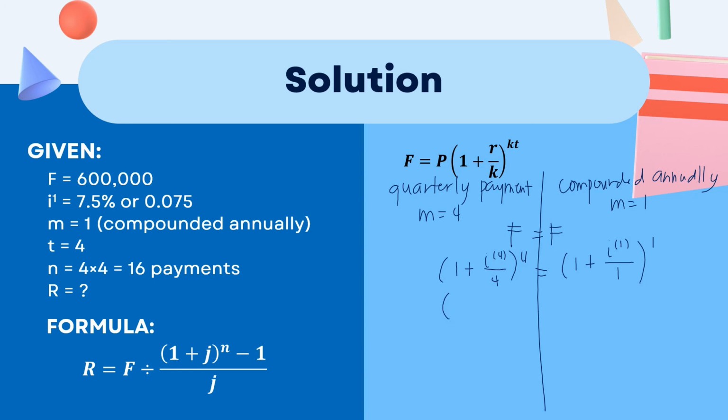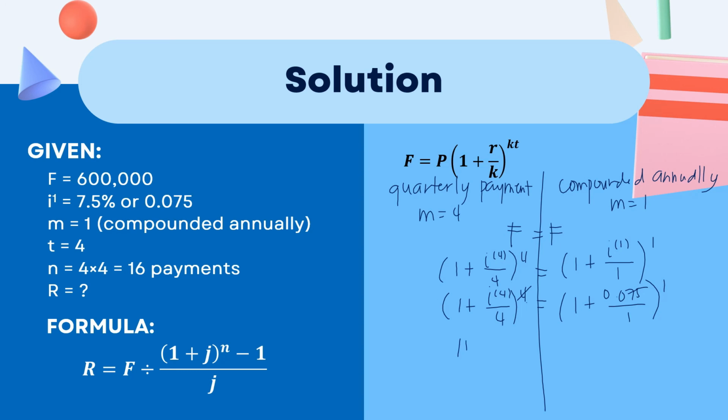Then, substitute na po natin kung ano nga ba yung interest rate natin annually, and that is 7.5% or 0.075. 1 plus 0.075 over 1 raised to 1. Since naka-raise naman dito sa 1 yan, kahit i-disregard na natin yung 1 dyan. But then, kailangan po natin eliminate yung 4 dito. So, mag-multiply tayo both sides ng exponent na 1 over 4.